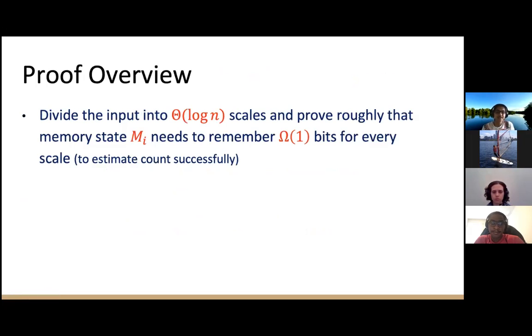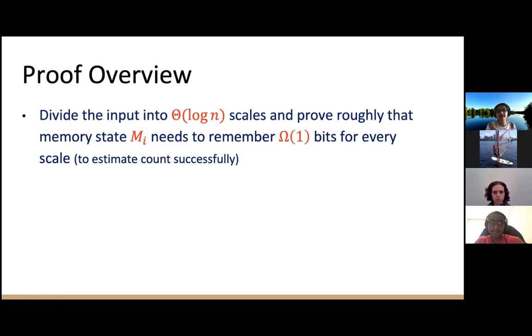To prove such a result, we look at the input stream and for every ith step, we divide the input stream into log n scales and prove roughly that a memory state mi needs to remember omega 1 bits for every such scale to estimate the count successfully in the end.